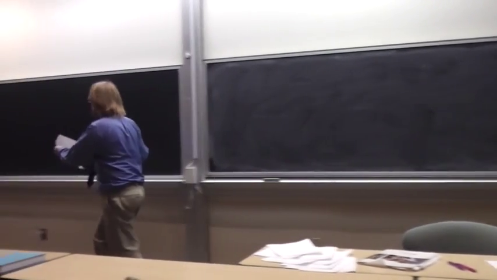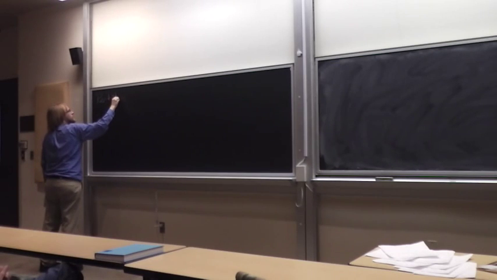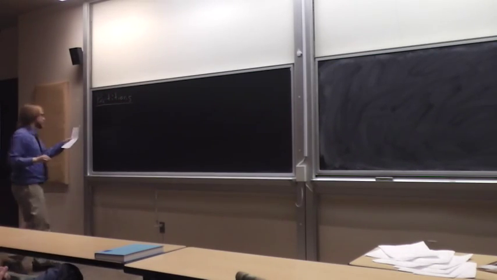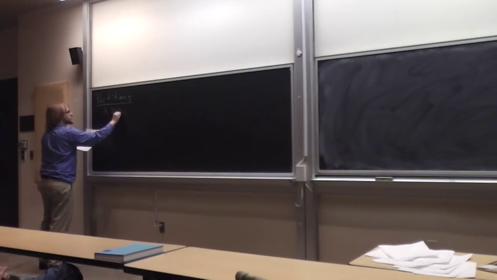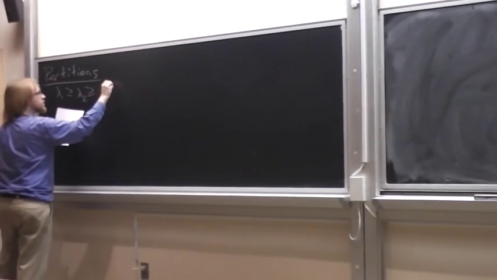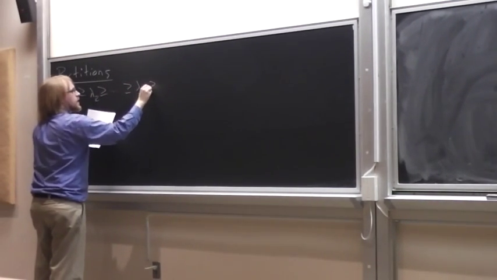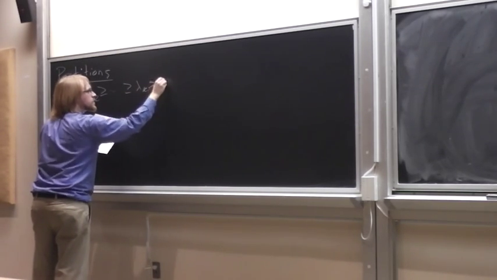We're talking about partition identities, so let me first quickly say what partitions are. I'm going to have a finite sequence of integers, all positive, lambda 1, lambda 2, up to lambda k, strictly bigger than 0.